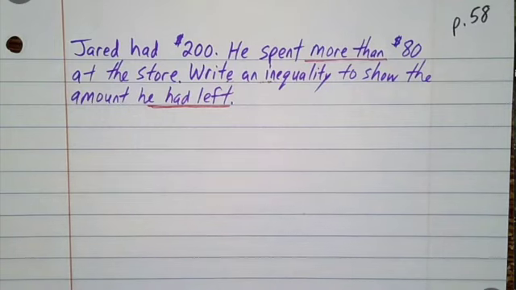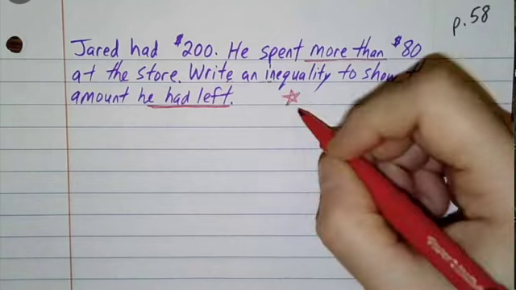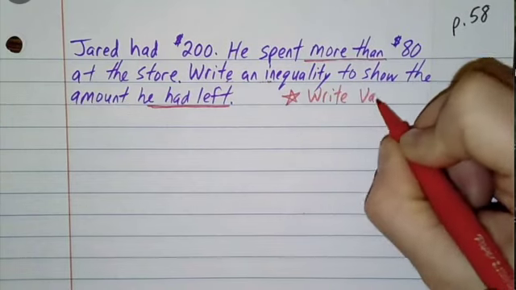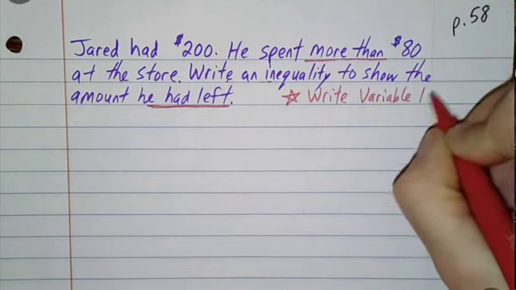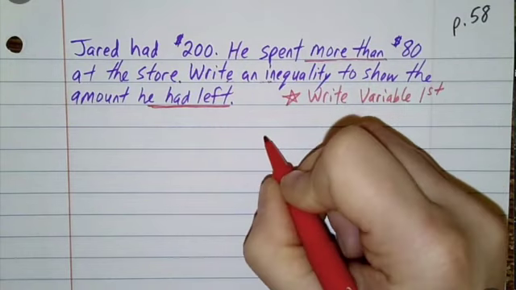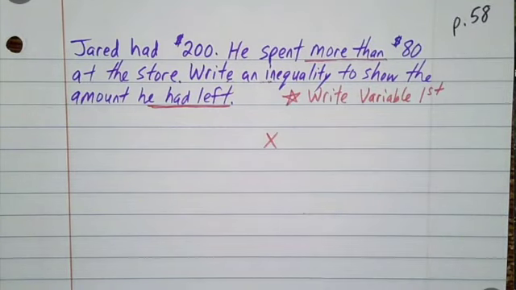So if you remember, I told you on the last problem to write the variable first. So I'm going to put a star here. Write variable first. Do they tell us a variable to use? No. So you can just think I need to be using x for my variable.